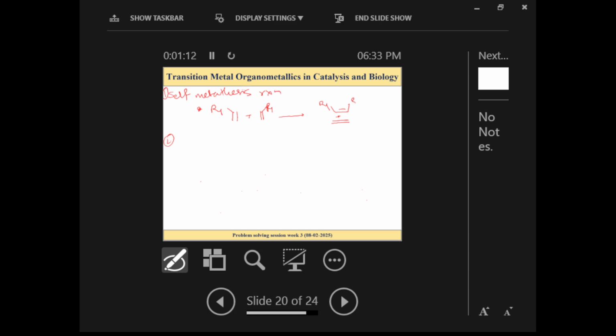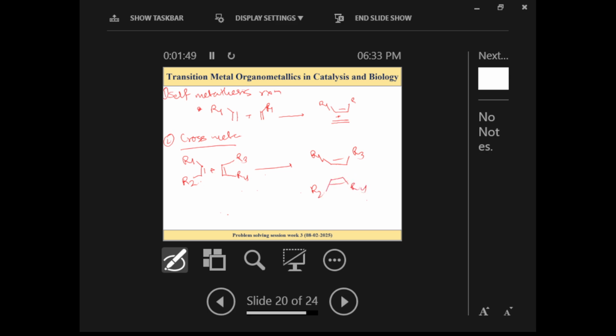Point number 2 is the cross metathesis reaction. I know that this is already written, but still to generalize the idea: if you have R1 double bonded to R2, plus R3 double bonded to R4, these two will combine to give R1 double bonded to R3 and R2 double bonded to R4.